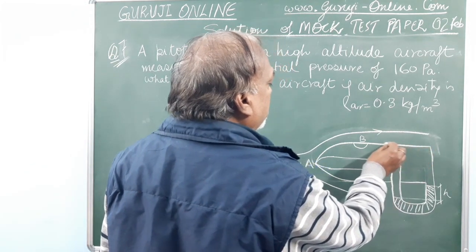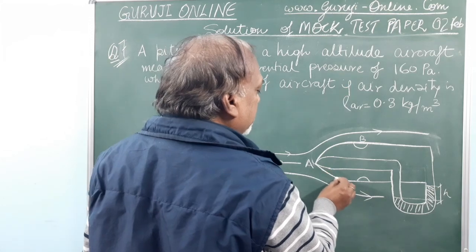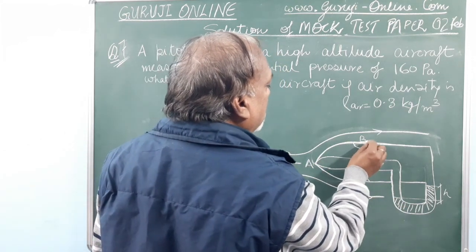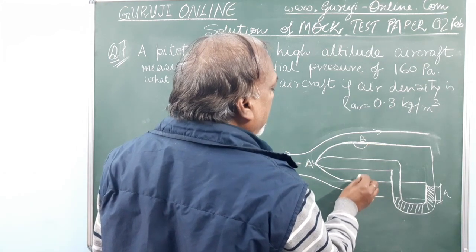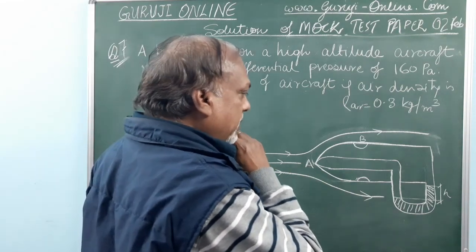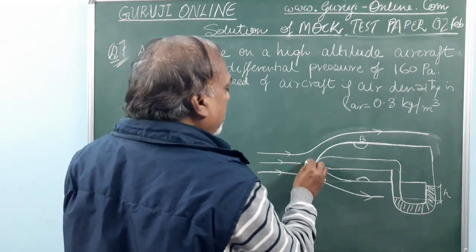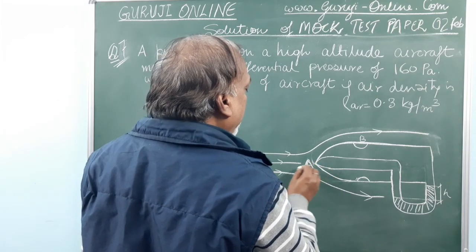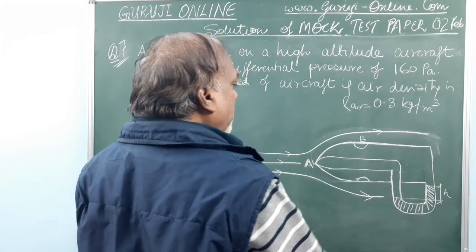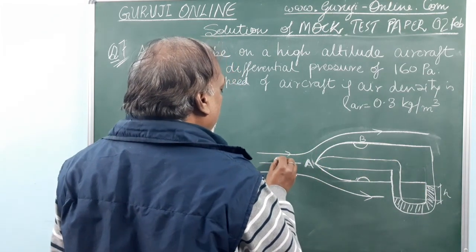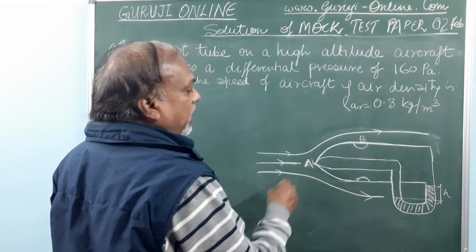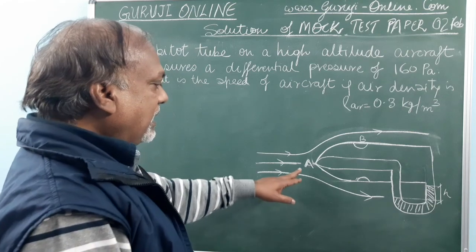This is basically the pitot tube. And here at point B, all around holes are there. And this is point A. Now, when the aircraft is moving like this, air will flow like this, and at this point the airflow will stagnate.